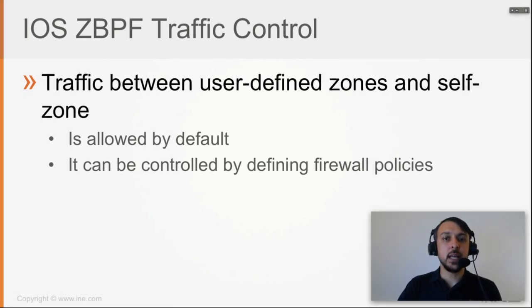But what it means is that as soon as you attach interfaces to specific zones, all traffic from those zones to the firewall, to the self zone, and from the self zone to the user-defined zones is allowed by default. This makes sense. It's a safety mechanism to make sure you don't lose the control plane of the router, because if you lose the control plane and the management plane of the router, then nothing works and you lose access to the router completely, and it's going to be a network down situation.